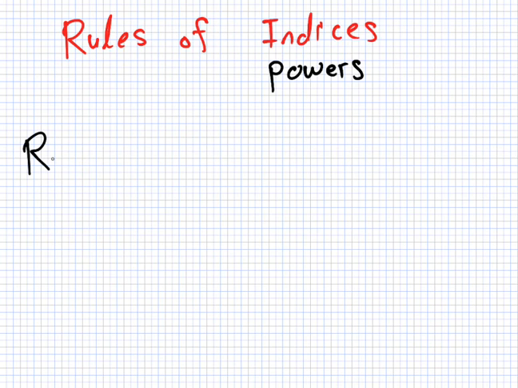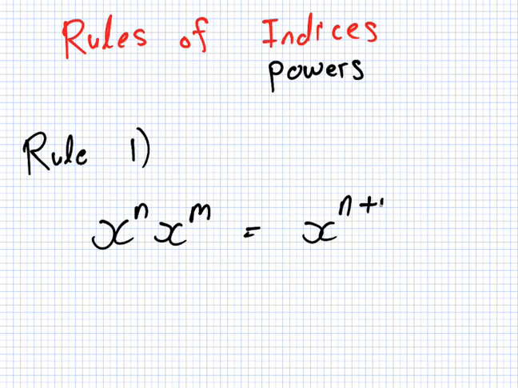So the first rule, when they multiply together like this, x power n times x power m, that's x power n plus m. Okay, so that's our first rule of powers. Yep. The proof is pretty short. So here I have x^n multiply x^m.